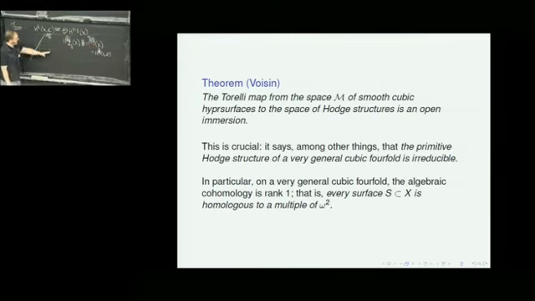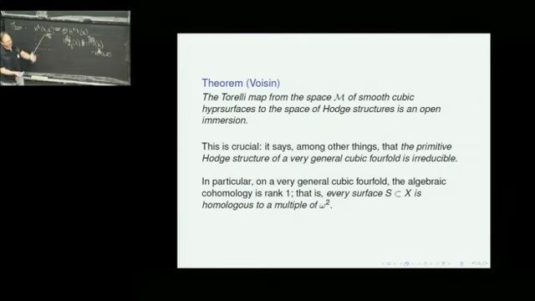Imagine that this lattice here is the integral fourth cohomology, and the subspace H22 is here. And Voisin is telling us that this subspace is moving freely, except, of course, for the condition that it has to include the omega squared.